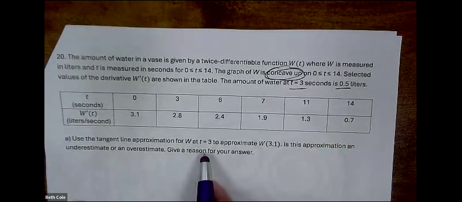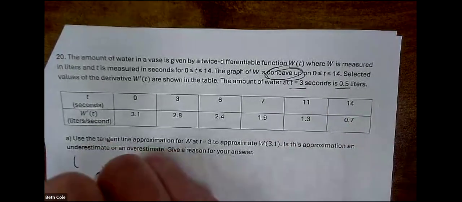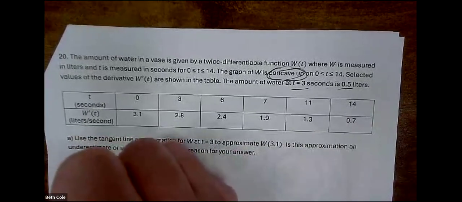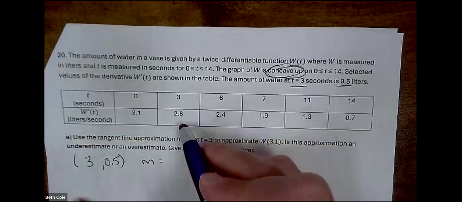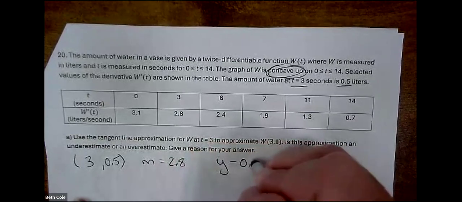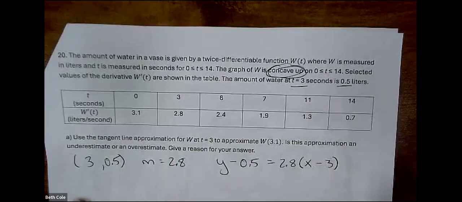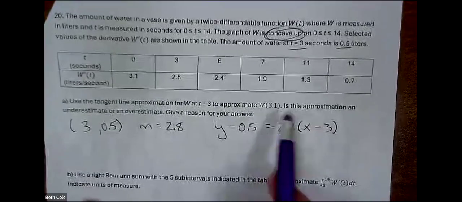So use a tangent line approximation at 3. There it is. We're going to need a point and a slope, and our point is 3, 0.5. The slope comes from the derivative. I want the derivative at 3, so that is 2.8, and we're going to write our equation. Then it says, use it to approximate 3.1.